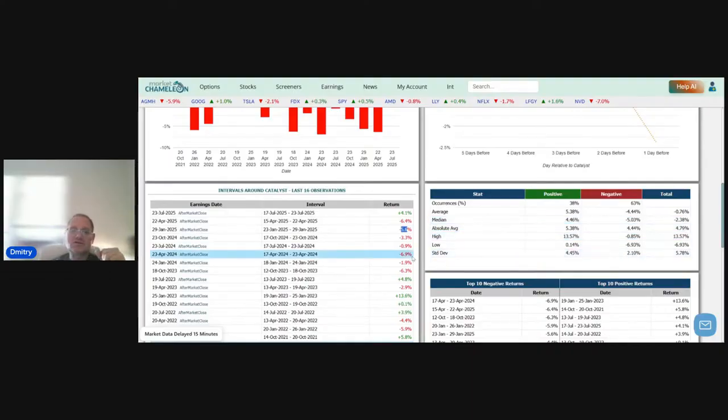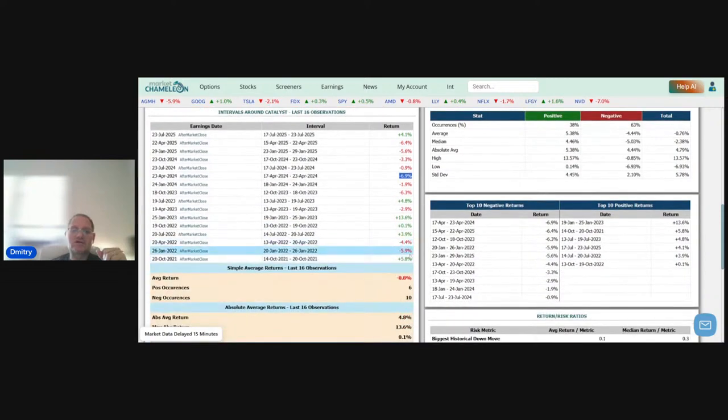So here's a negative 6.9, right? Well, if we take a negative 6.9 and add it to positive 5.8, you'll get negative, less than 1. You're getting close to 0. But if we convert them all to positive and take the average, then you'll get closer to 6%, which is what the absolute is trying to do, see the magnitude of the move either way.